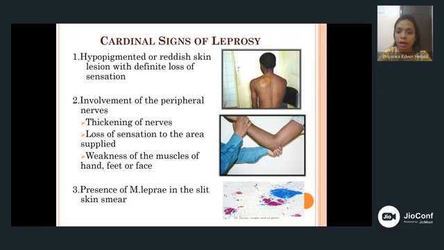We then examine it under the microscope, and as Mycobacterium is an acid fast bacillus, it gets stained, and we can see its presence under the microscope. If Mycobacterium leprae is present in the slit skin smear, then it is totally confirmed that the patient has this disease. So these are the three cardinal signs: hypopigmented patch, involvement of the peripheral nerve, and the presence of Mycobacterium leprae in the smear.